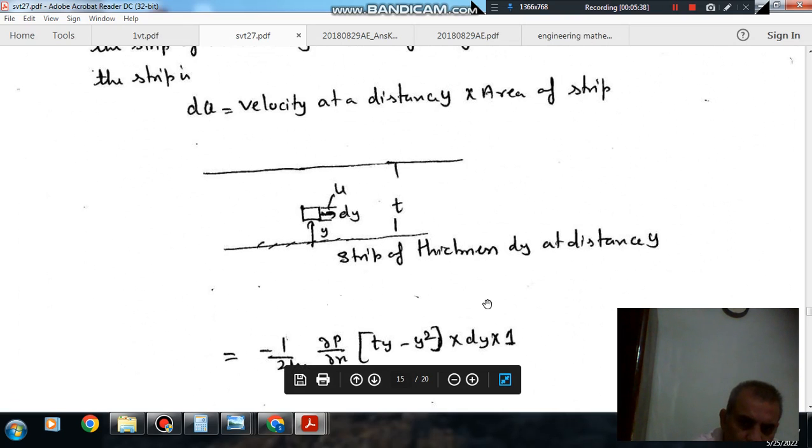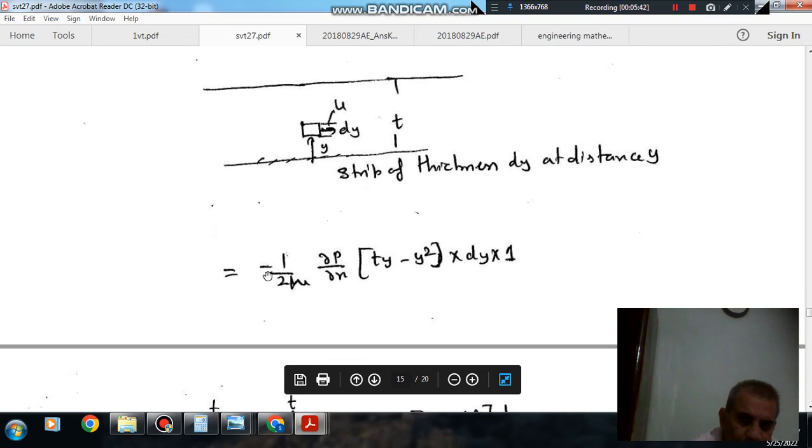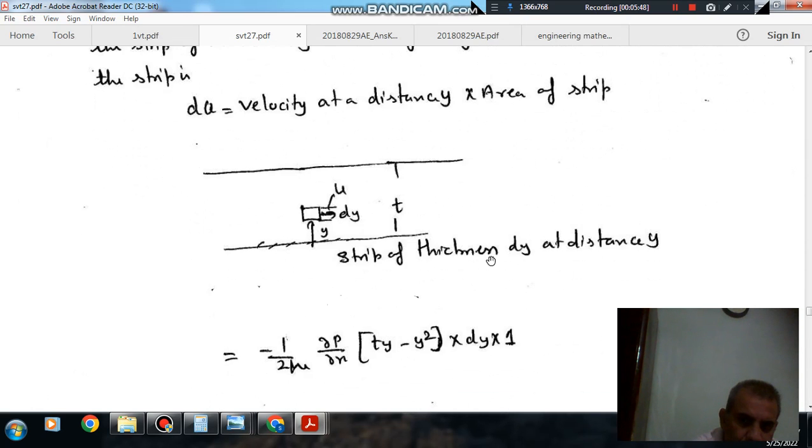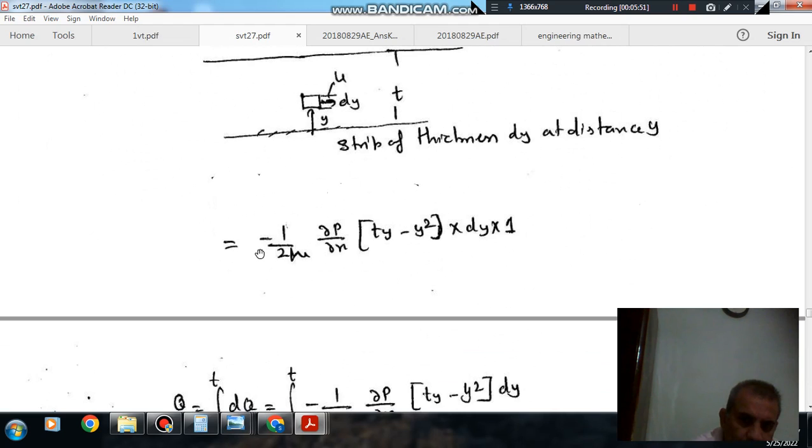So that area will be dy × 1. The discharge through that strip will be u times the area of the strip: -1/(2μ) ∂p/∂x [ty - y²] dy × 1.